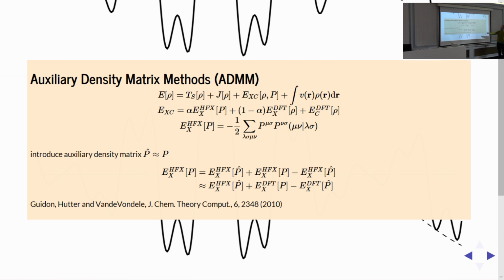So now we only calculate the Hartree-Fock and all these terrible 2-electron integrals using our auxiliary density matrix, our auxiliary basis set, and we do an extra calculation of the GGA exchange energy with our auxiliary density matrix.